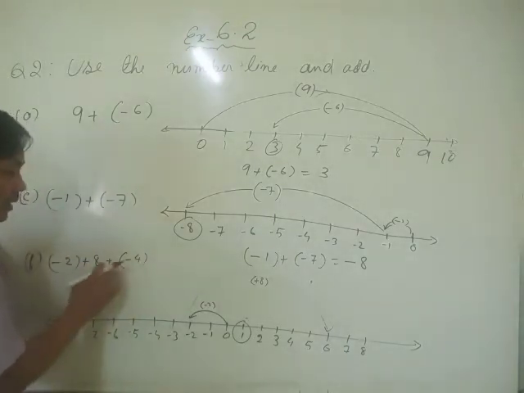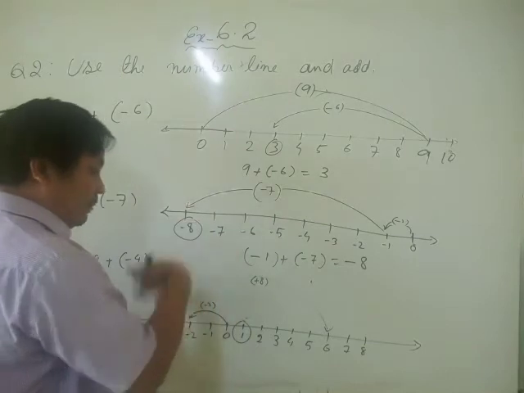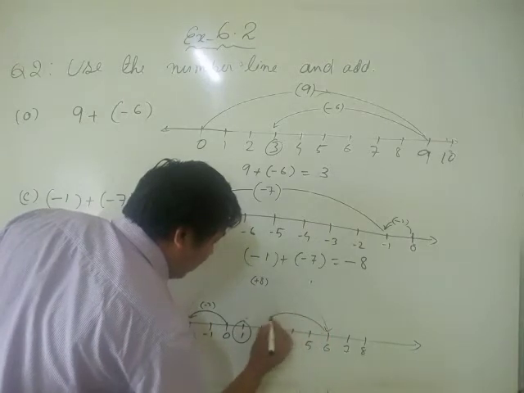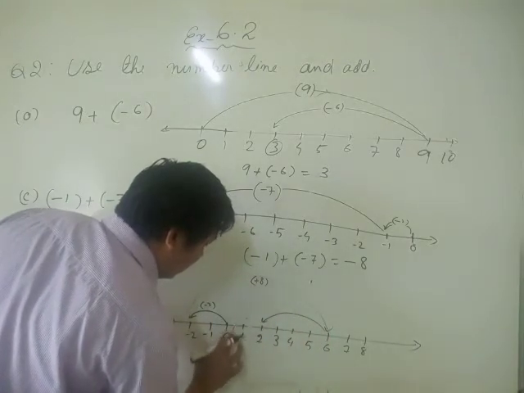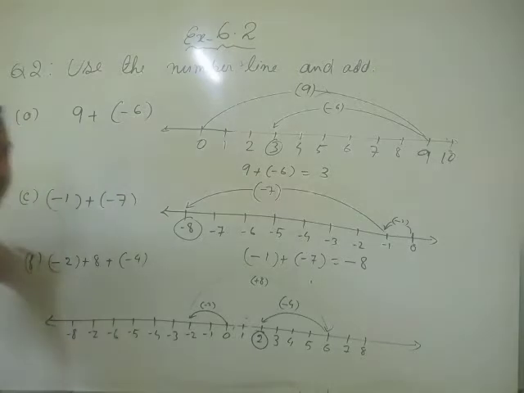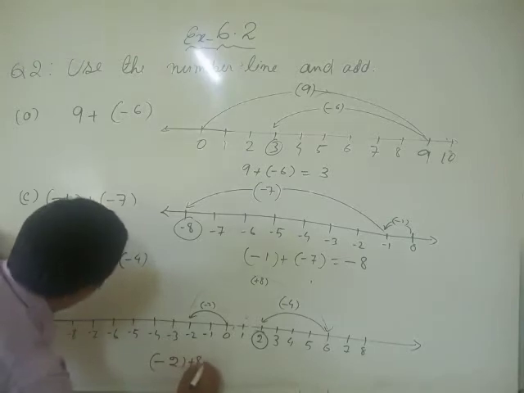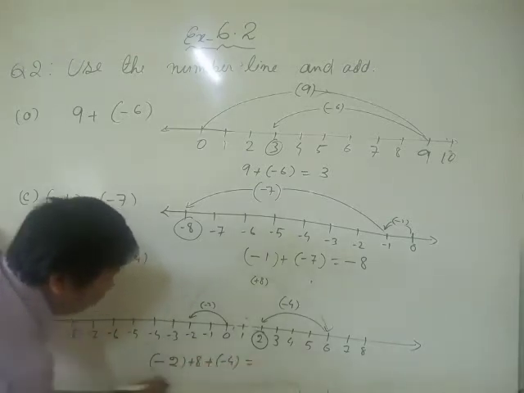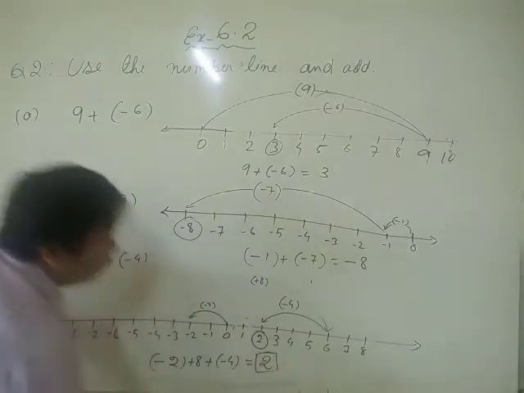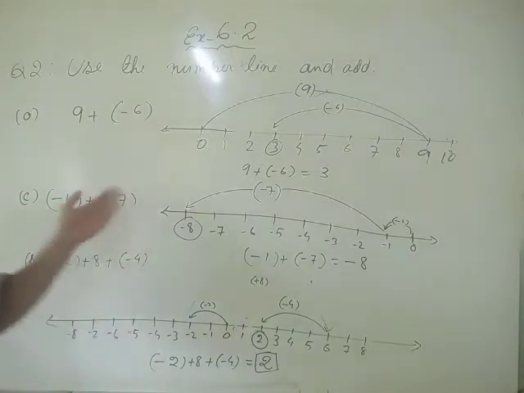Adding minus 4 means negative 4, so we move back on the left side. 1, 2, 3, 4. So from here to here is minus 4. At last, how much do we get? We get 2 here. So minus 2 plus 8 plus minus 4 is equal to 2. The answer is 2. So the remaining 2 questions also please kindly try yourself. Then we go to the next question.